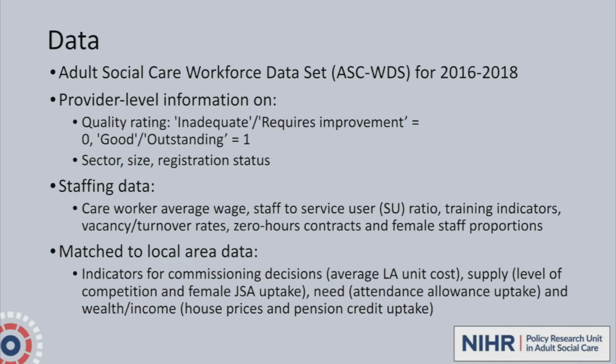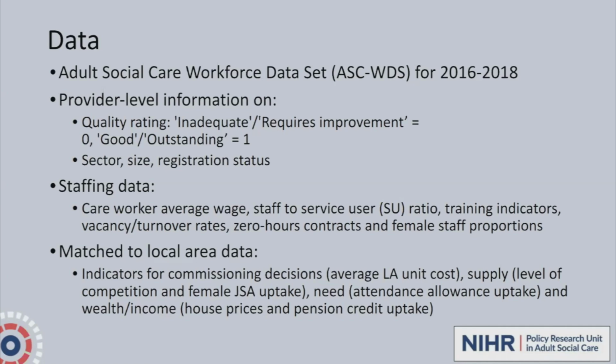What the adult social care workforce data set does not have is further information on the clients that are supported by the home care providers, other than, for example, their registration status. So we match this to local area data as well, to proxy for the needs and demand factors as well as supply factors.